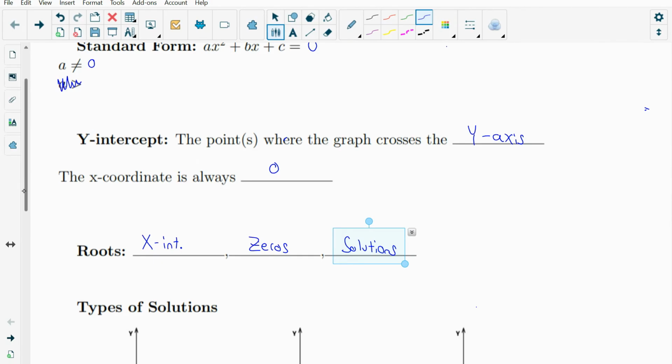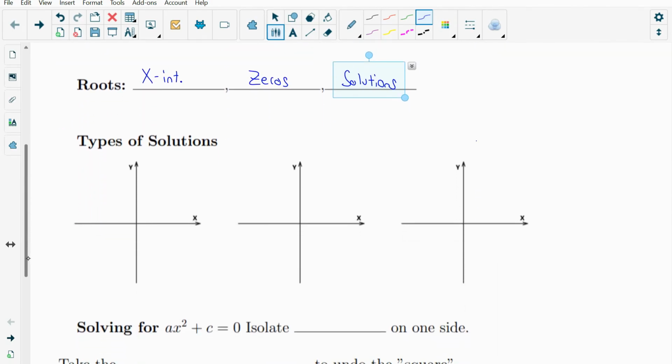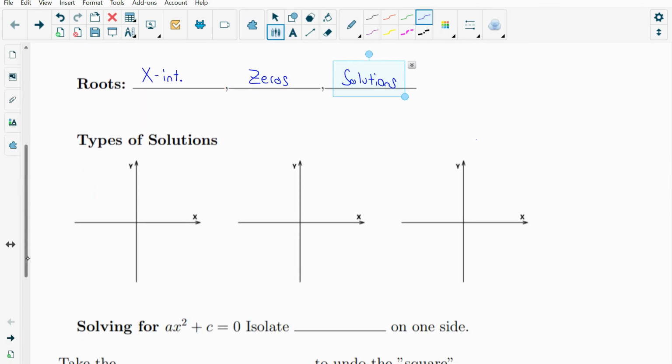So we have a couple different types of solutions that we will see. The first type of solution is when we have a quadratic that is located above the x-axis. In this case, we would have 0 solutions. This is because our parabola will never cross the x-axis, which is where it crosses the x-axis would be our solutions.